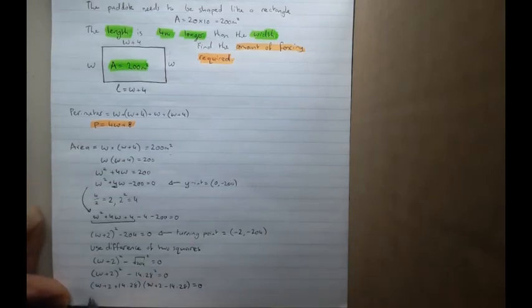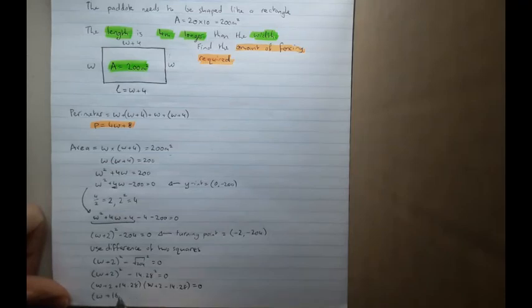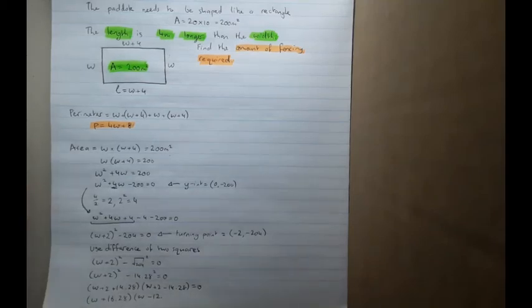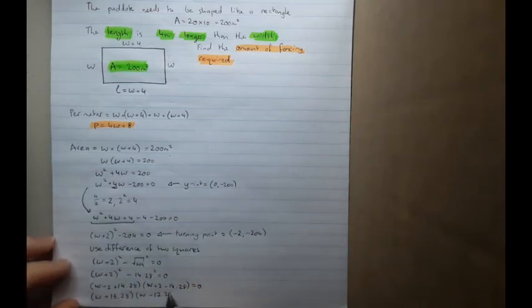So if we combine them together, we get w plus 16.28 times w minus 12.28 is equal to 0.